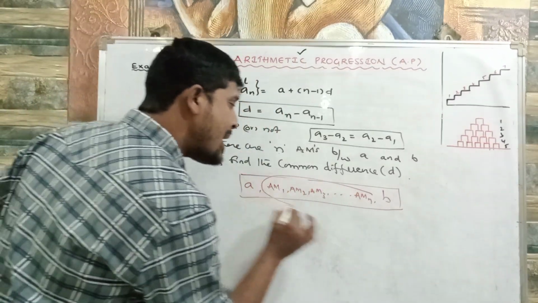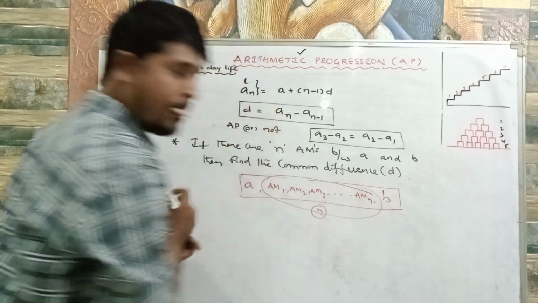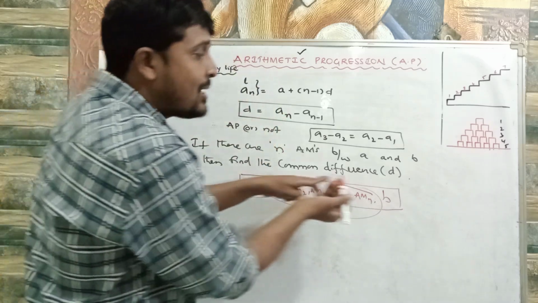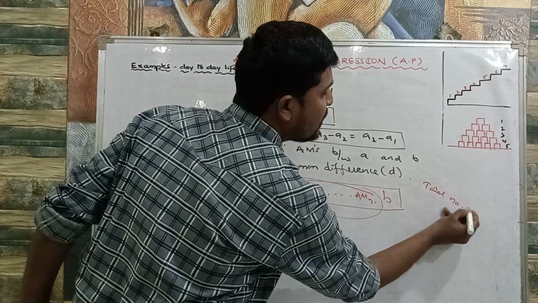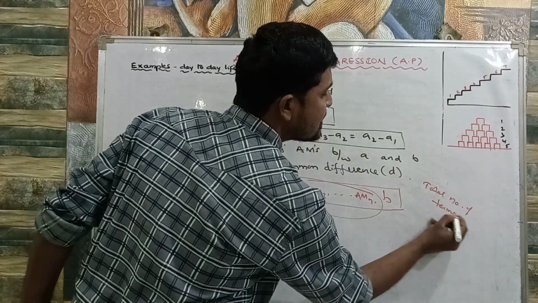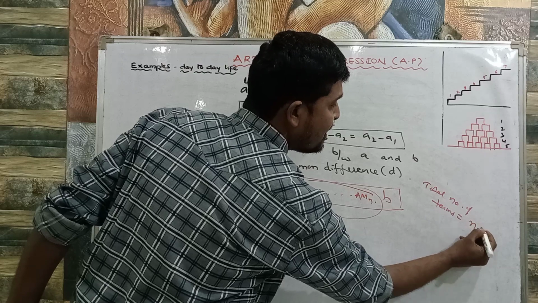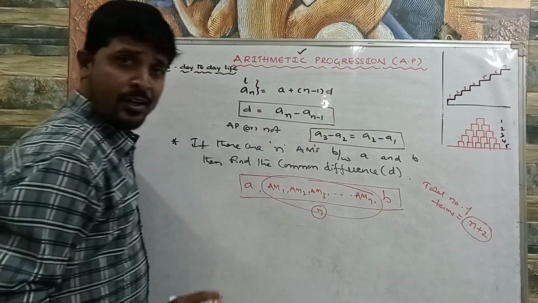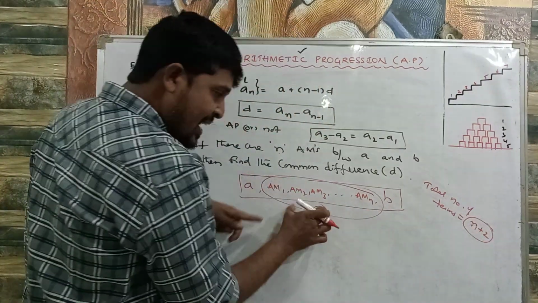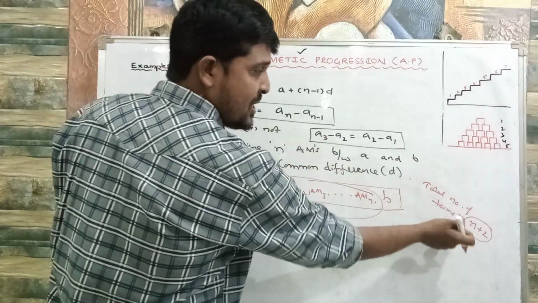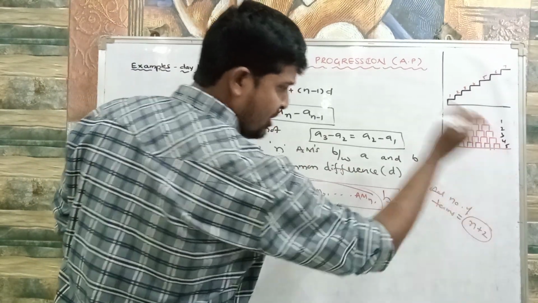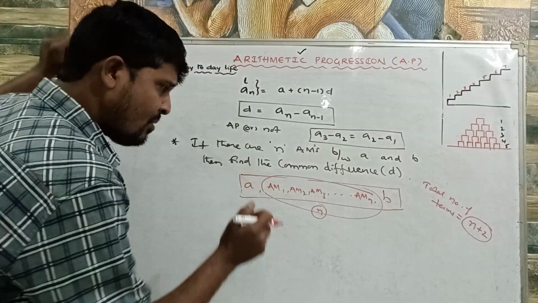These n arithmetic means are there, the first term is a and the last term is b. That means the total number of terms is equal to n plus 2. Is it clear? n are these, two terms are here: the first one is a and the last one is b. That's why the total number of terms is n plus 2.